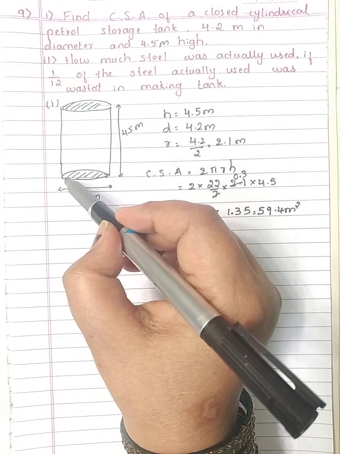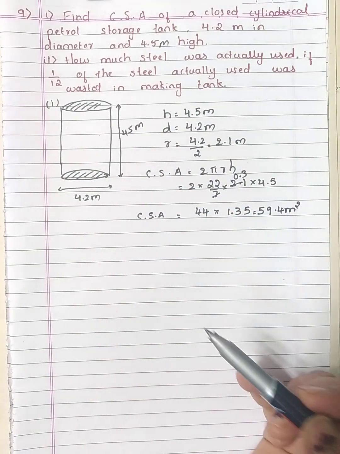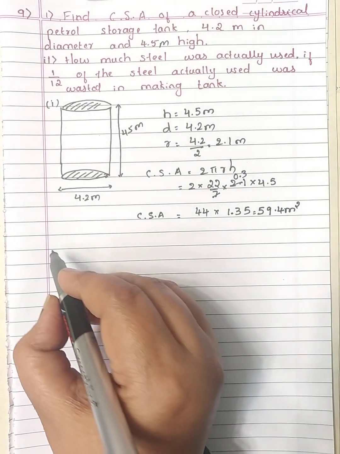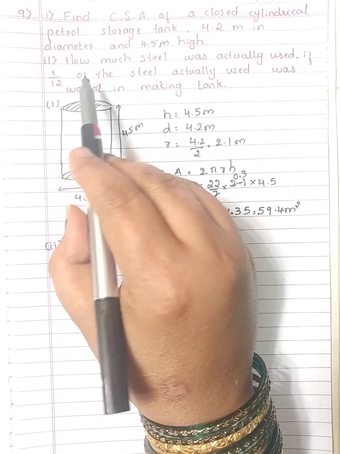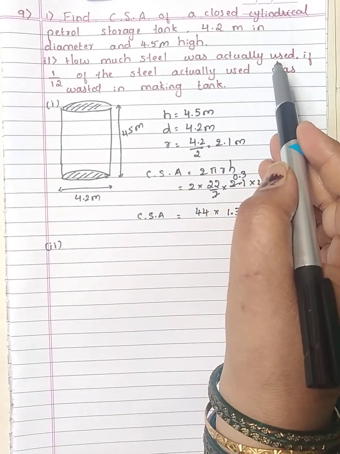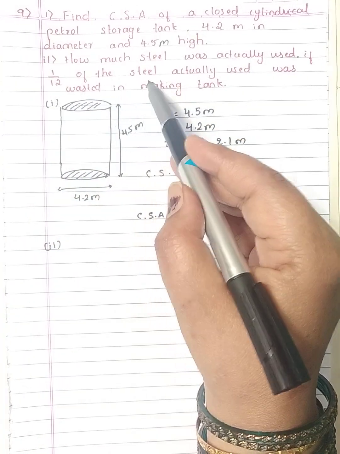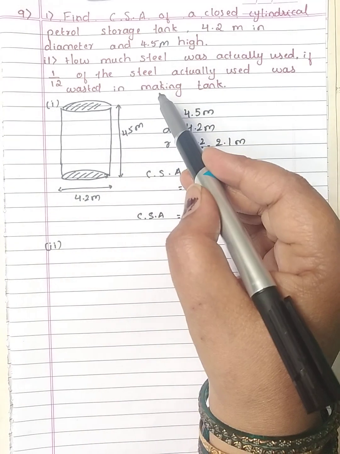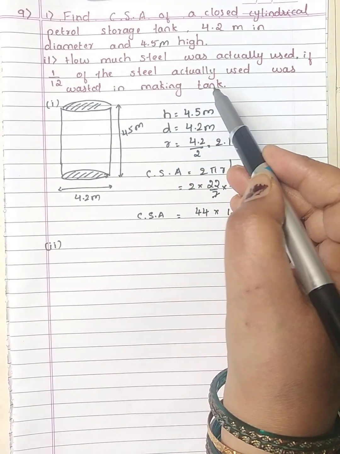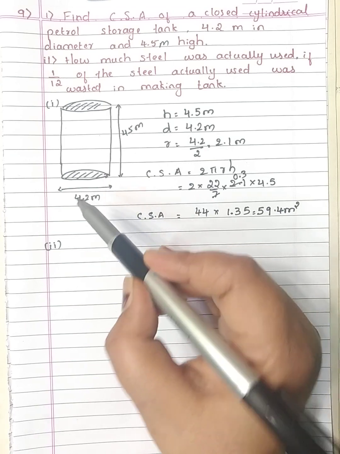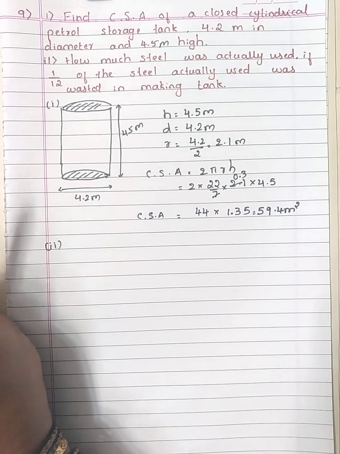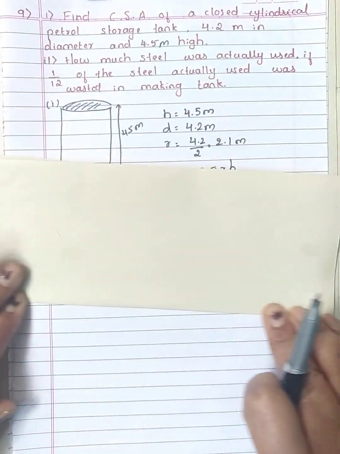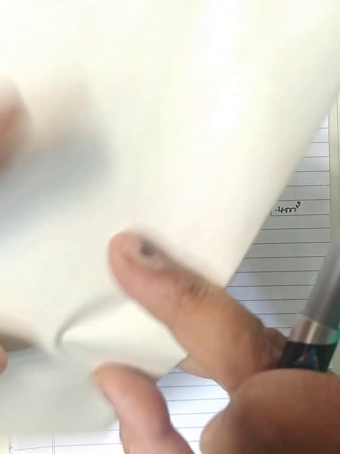This is the height and this is the radius. Now coming to the second part of the question, what it reads: how much steel was actually used if 1/12 of the steel actually used was wasted in making the tank. So for making this tank, steel is actually used like this. Think that this is the steel used.